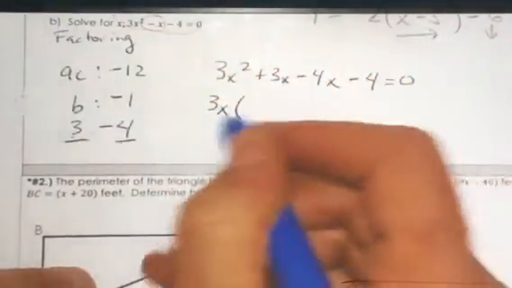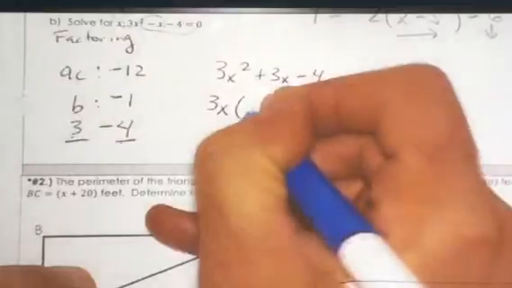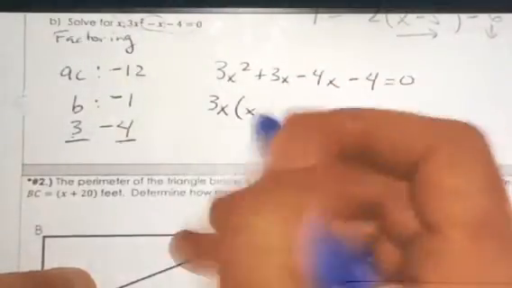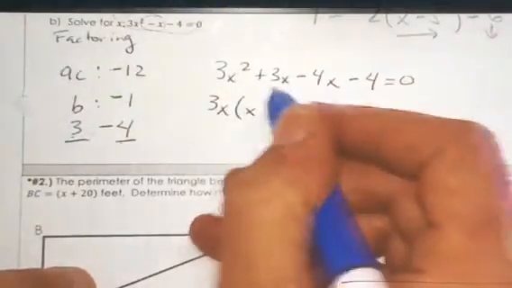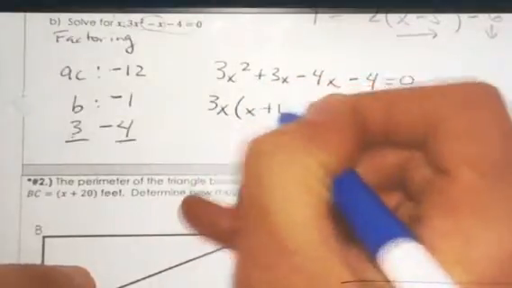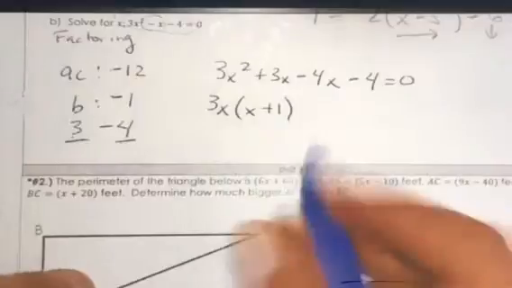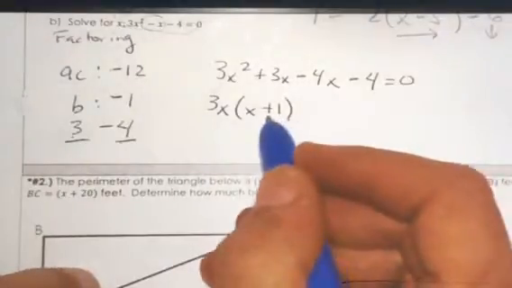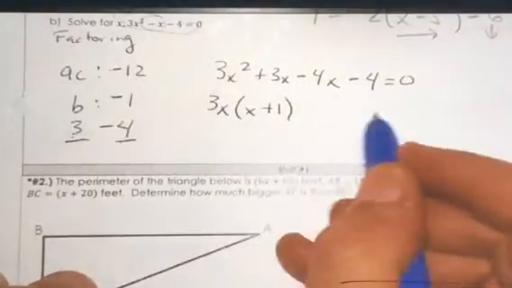So when I take out 3x from 3x squared, I still have x left over. And then 3x times something equals positive 3x, so that's plus 1. Now if we do this correctly, we're going to end up with (x plus 1) in parentheses here also.